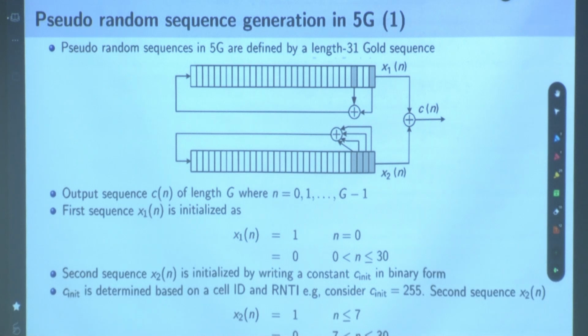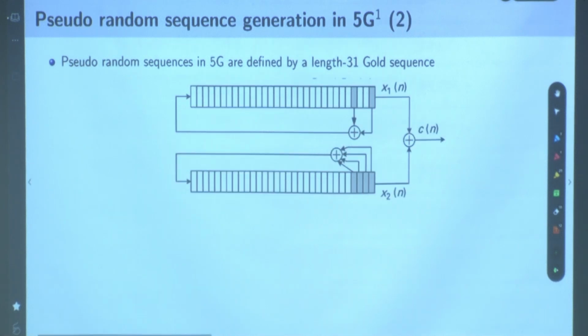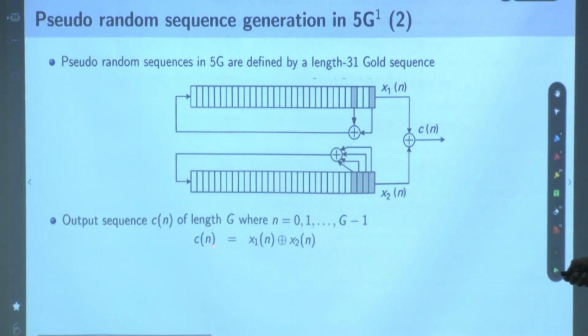See this, what's happening here? C of n is x1 of n XORed with x2 of n. But what is x1 of n equal to? Look at this: x1 of n plus 31 is equal to x1 of n plus 3 XORed with x1 of n. What is this x1 of n plus 31?